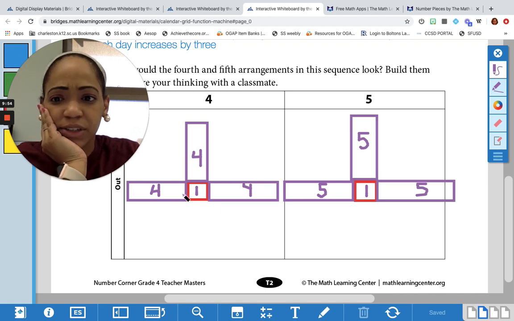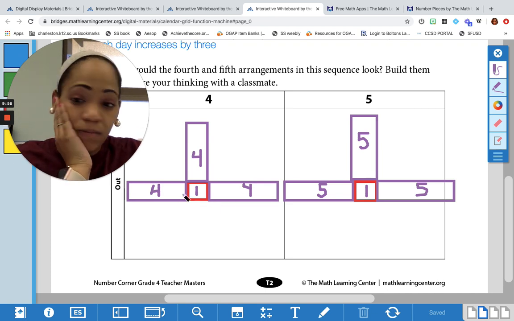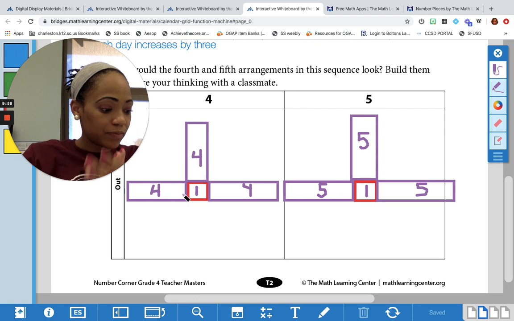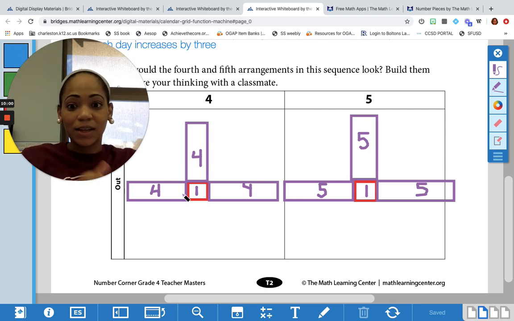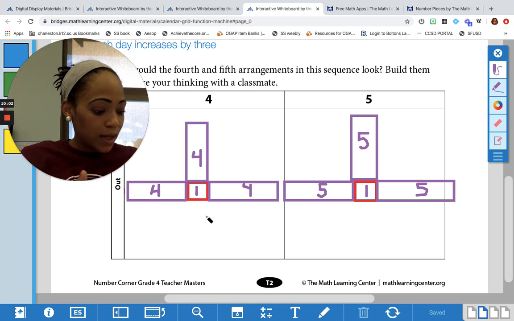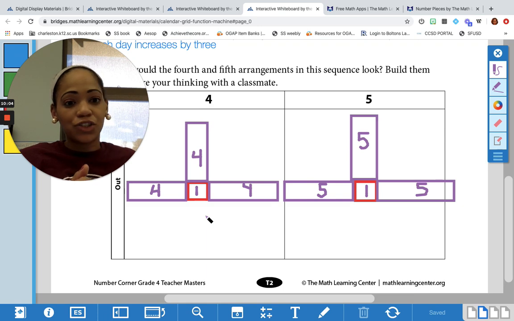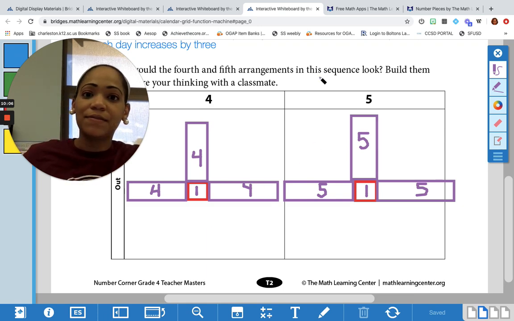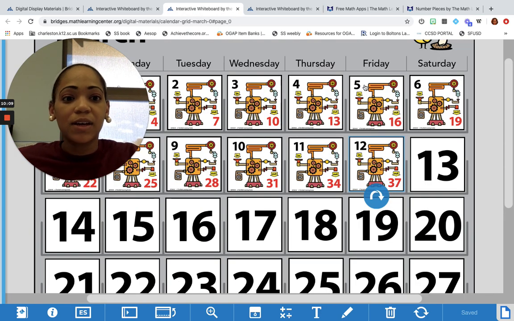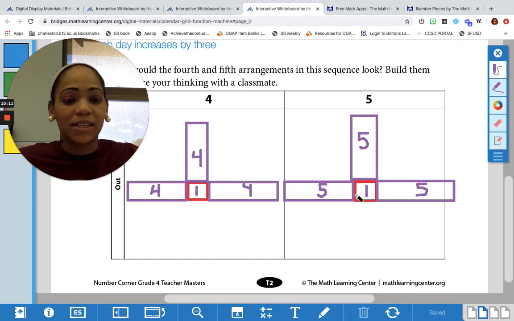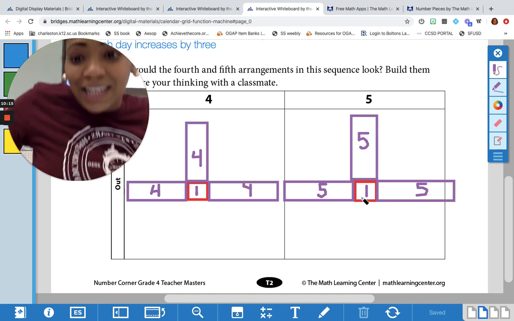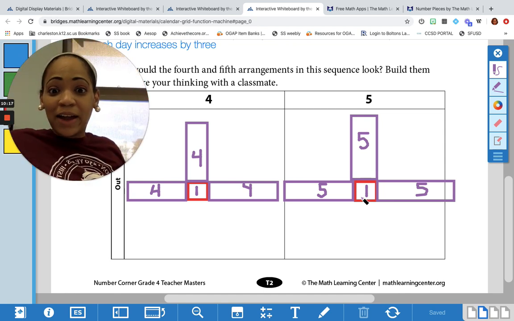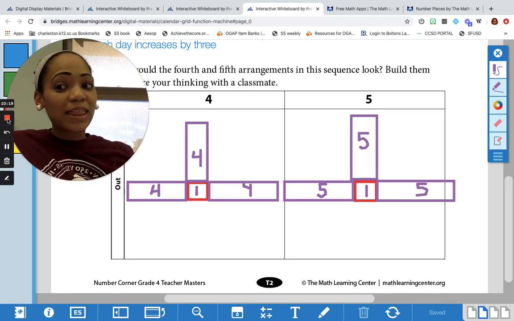Do you see where 13 is? Yeah, 4 plus 4 plus 4 plus 1. Let's check and see if day 5 looks the same. 5 and then 16. Do we have 16? 5, 10, 15, 16. Those of you who are able to figure out the pattern, is this confirming what you were thinking?